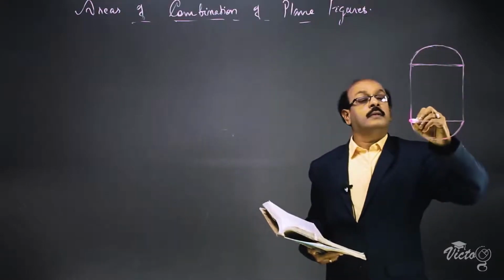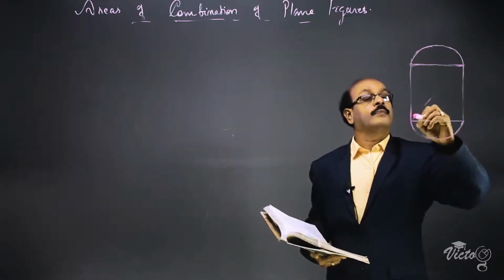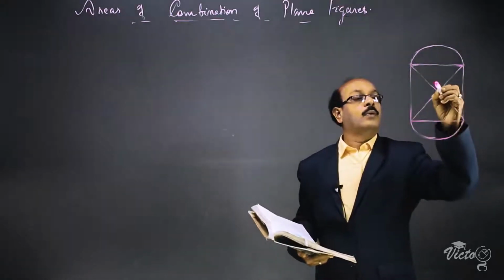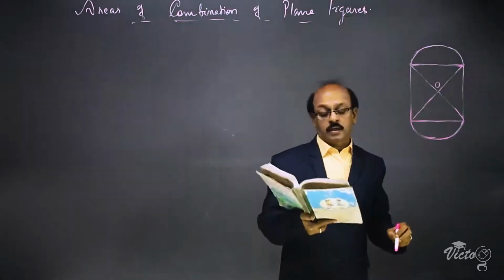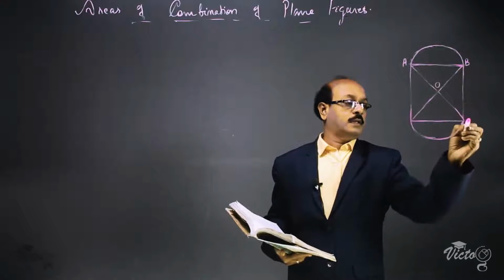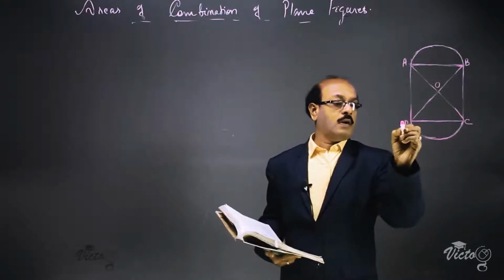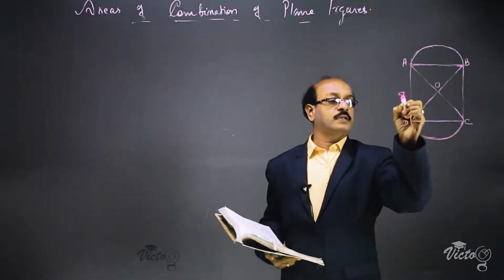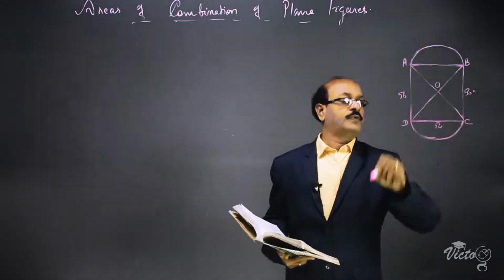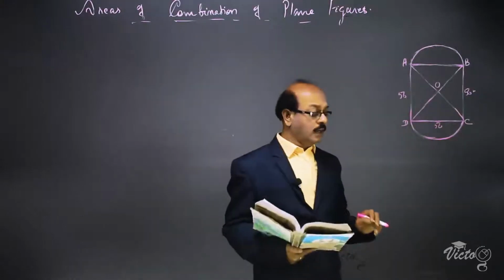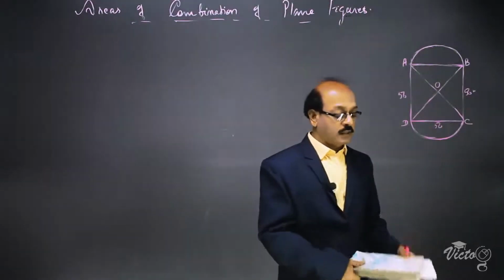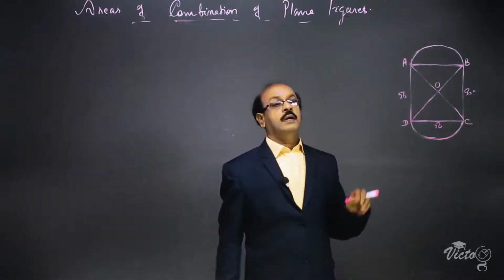And diagonals. O is the point of intersection of the two diagonals. ABCD is the square lawn and length is 56 meter. This is the figure and we have to find out the total area of the two flower beds and the square lawn.